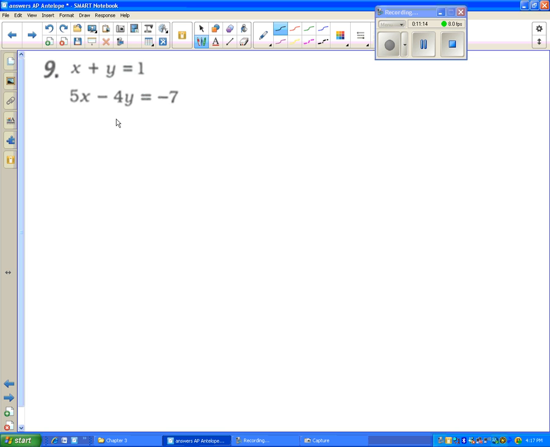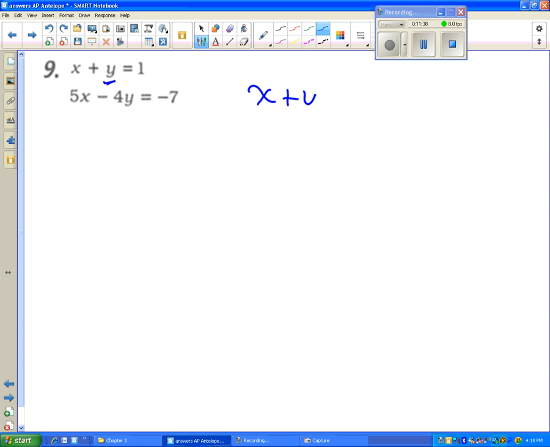I could solve this for x and plug in for x, or I could solve for y and plug in for y. Either way, I'm going to be able to find my answer. Do you have to solve for the variable I choose? No. But I'm going to choose to solve for y just because.